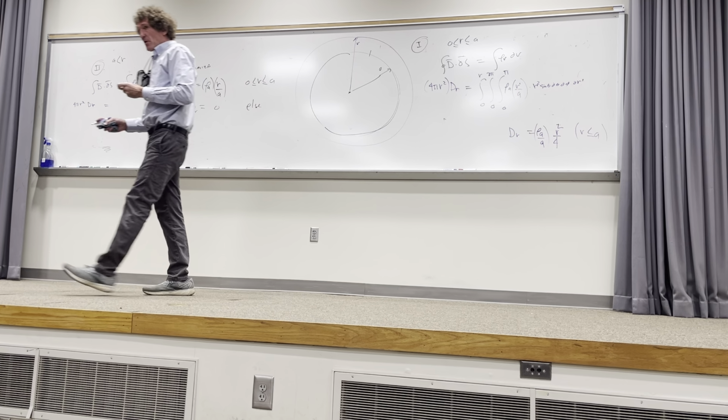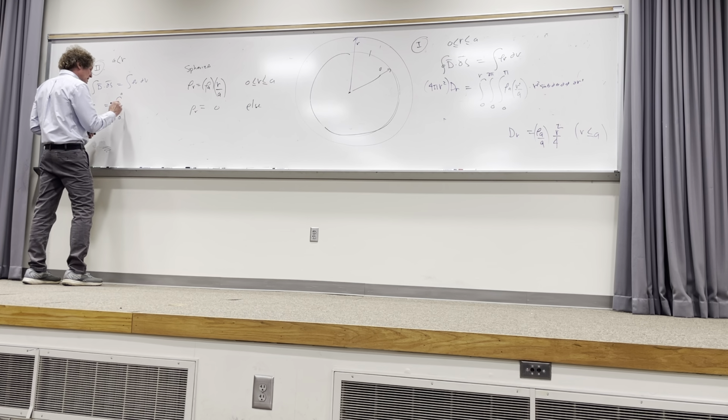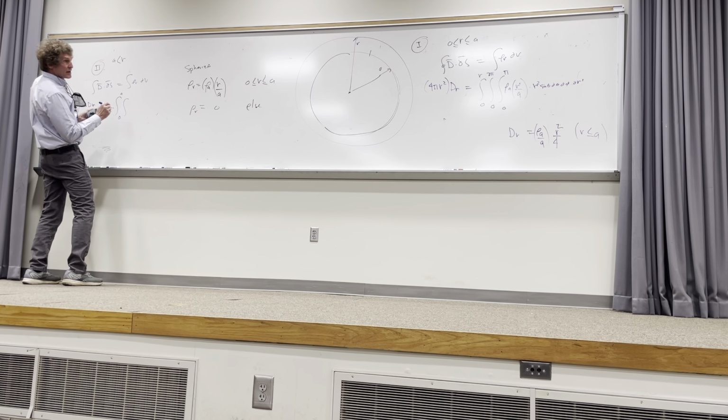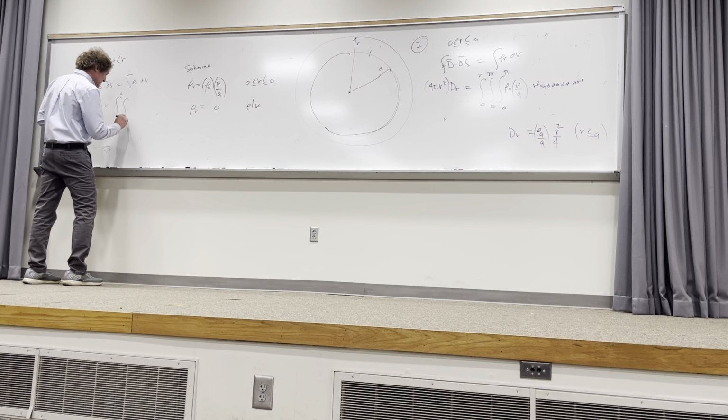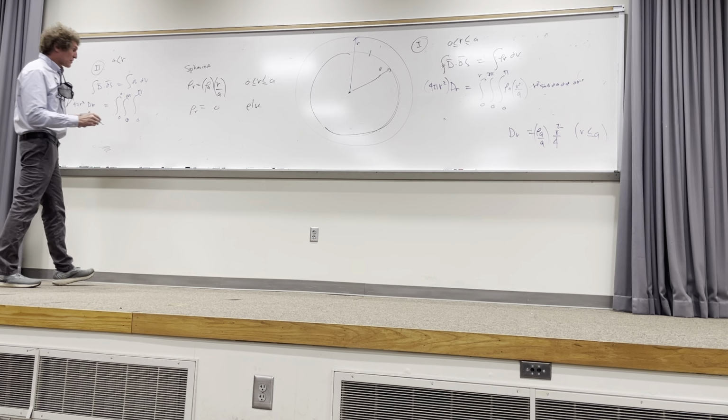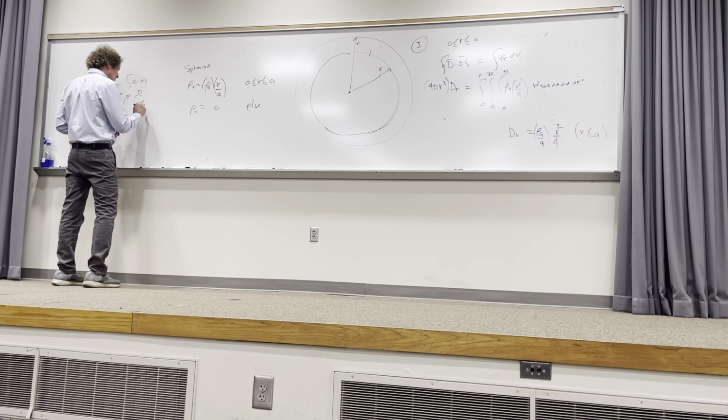Y'all follow me? All right, so now the total charge here would be the integral from 0 to a, integral from 0 to 2 pi, integral from 0 to pi. Over here we have rho a over a.